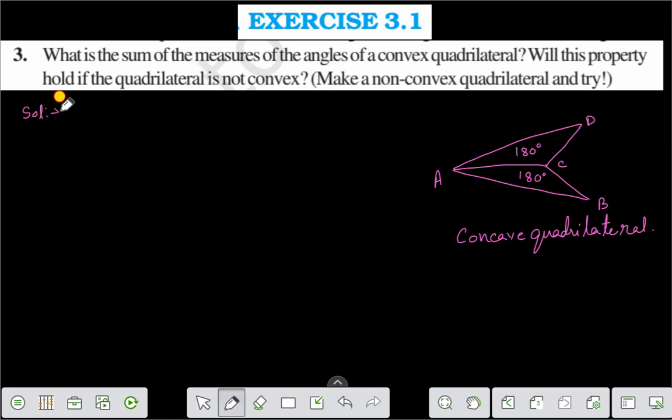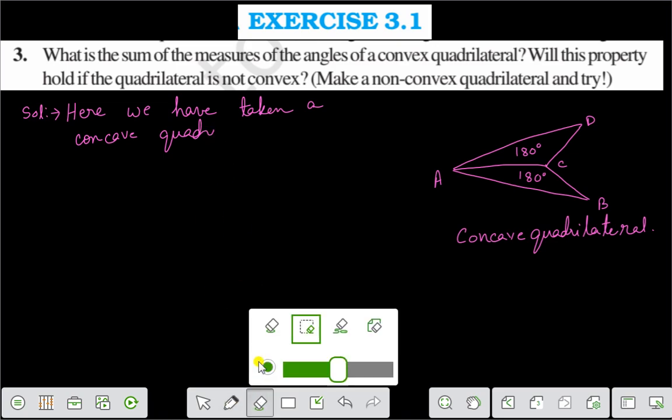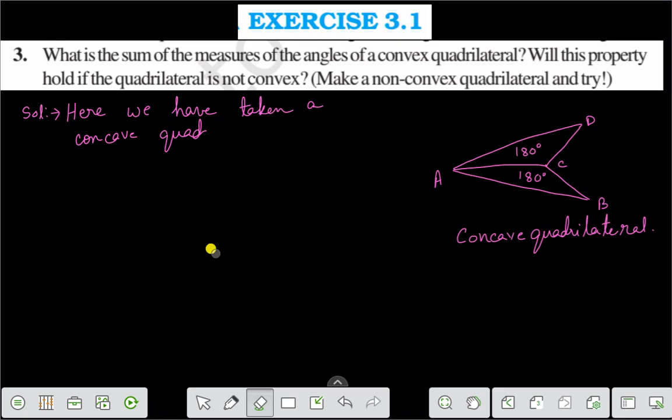Let us take a concave quadrilateral. Here we have taken a concave quadrilateral.